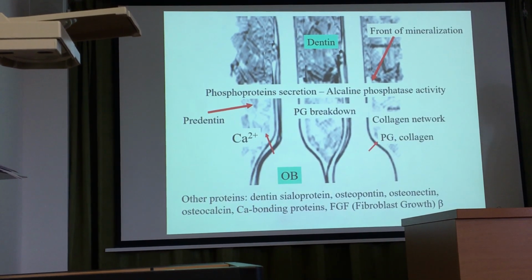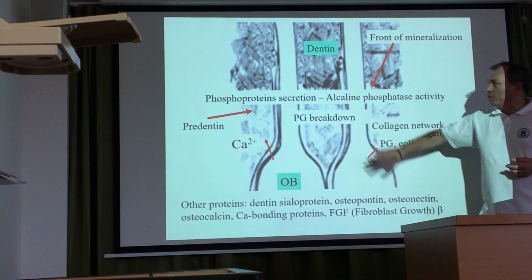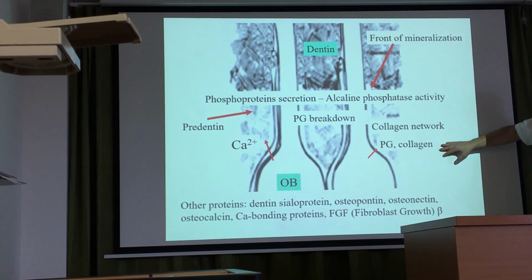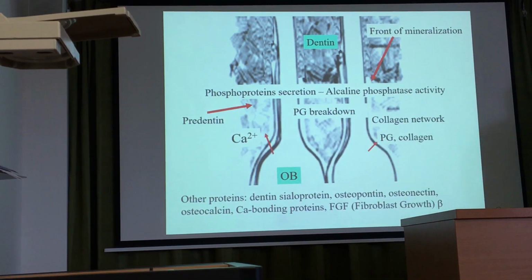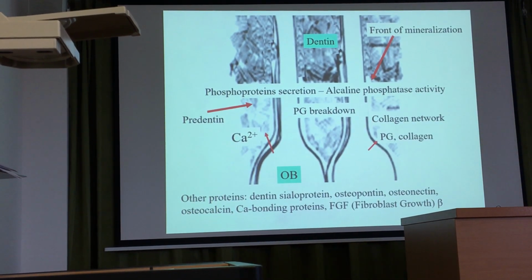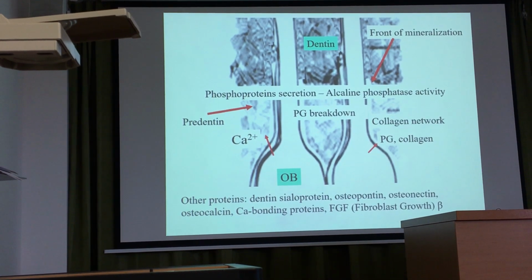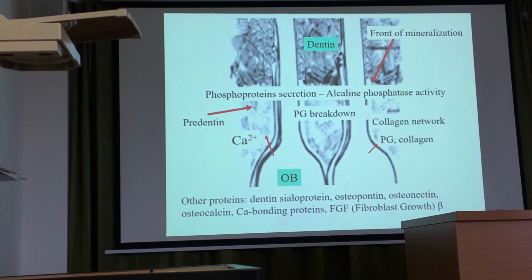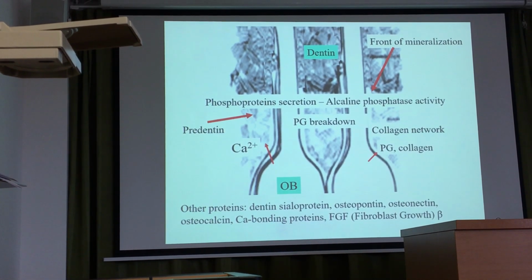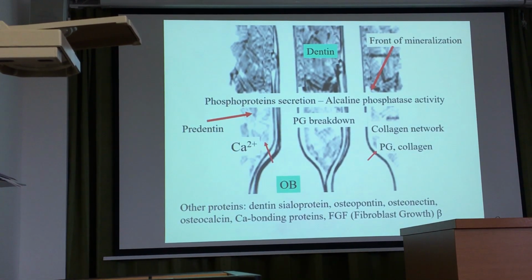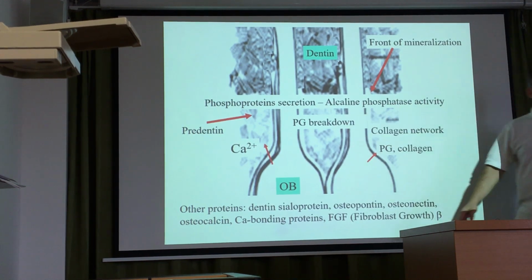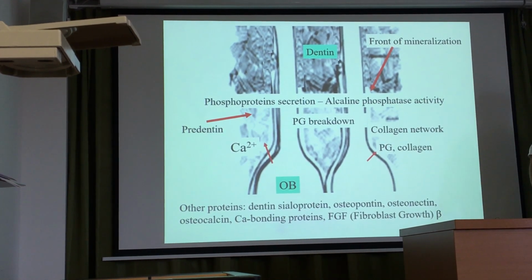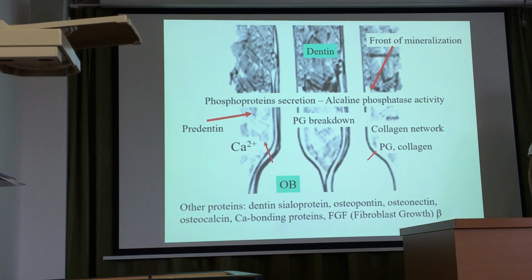Phosphatases, enzymes, and other proteins and proteoglycans, collagen are important. As I mentioned, proteoglycans are large molecules against the mineralization because of the large water content, and these are negatively charged, and the calcium will be attracted to them, and these proteoglycans will prevent the calcium from depositing onto the surface of the collagen network.